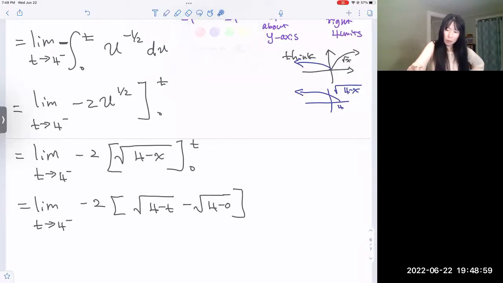So looking at this one, and then t approaches 4 from the left, how does the graph behave? T approaches 4 from the left. What's the graph? So basically, what's the y value then? Because we're following the graph. What's the y value? At point 4, it will be 0. Good, it's 0, right?